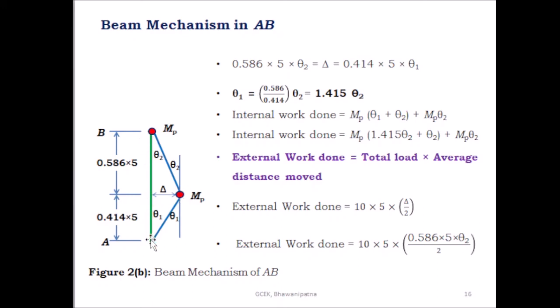The height of the column is 5 meter. This length is equal to 0.414 into 5, and this side the length is equal to 0.586 into 5.